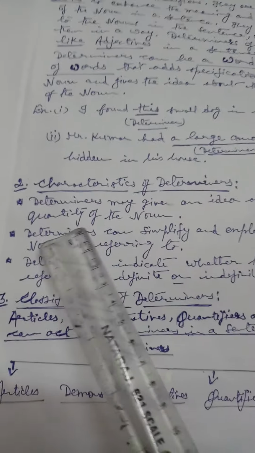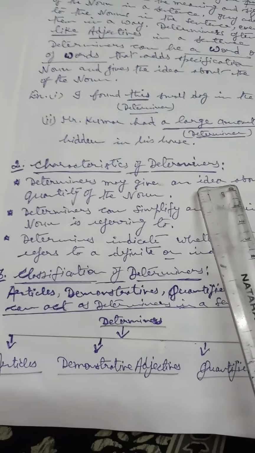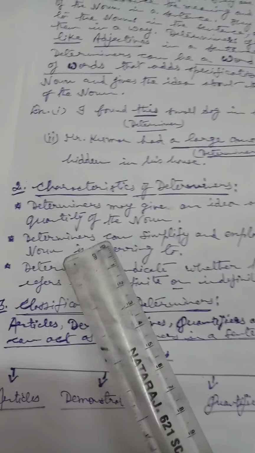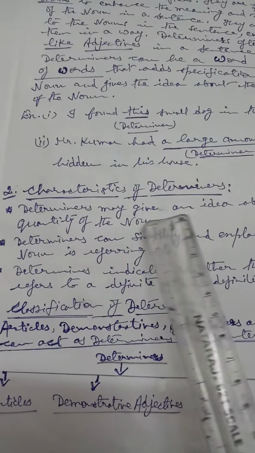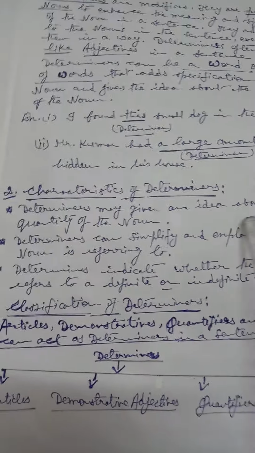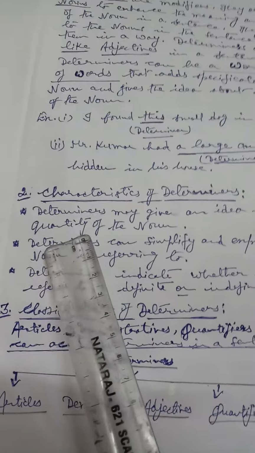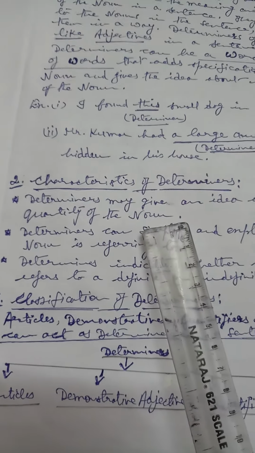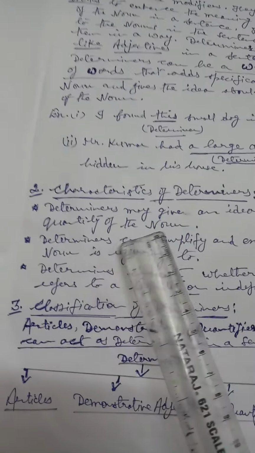Now, characteristics of determiners. There are 3 points I have mentioned here for you. First, determiners may give an idea about the quantity of the noun.